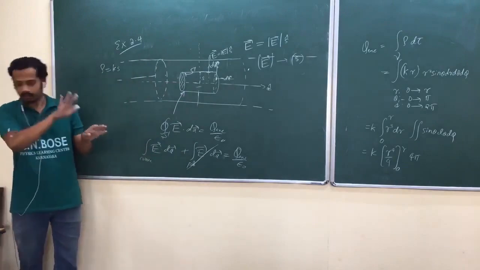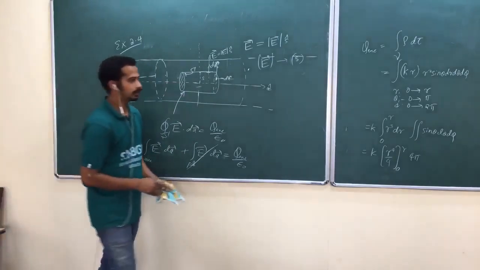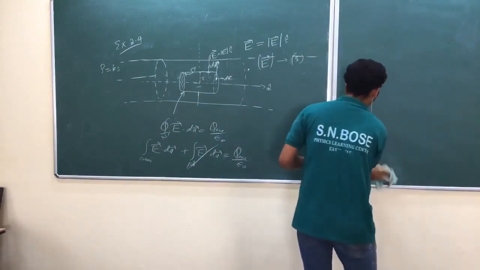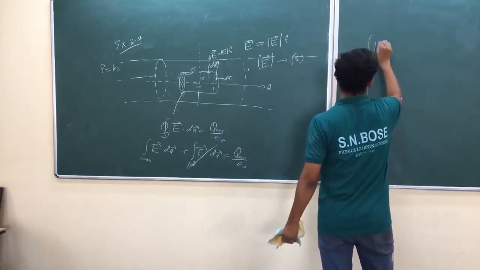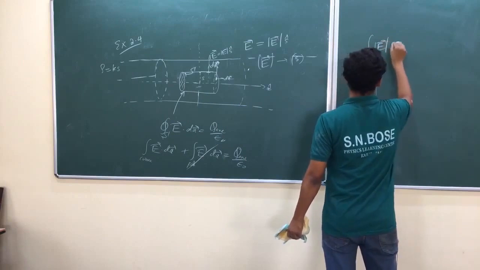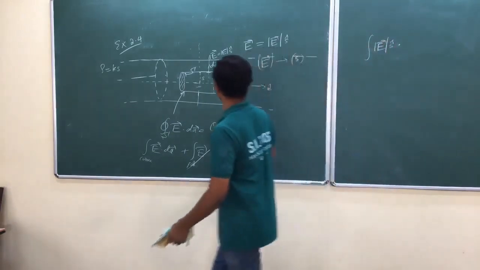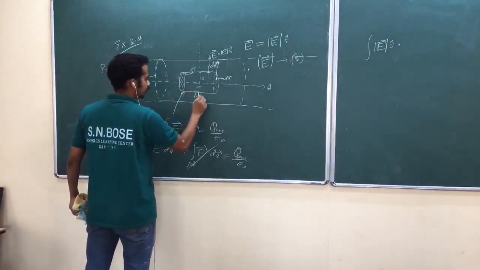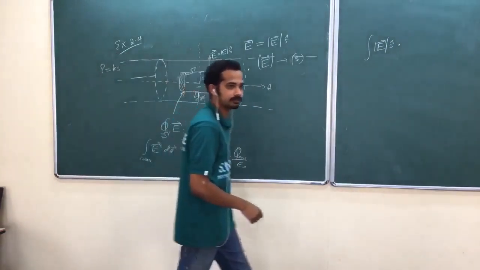Again, while doing that curved surface integral, you can apply all of your coordinate geometry here. Curved surface integral, mod of E into S cap. What is dA vector? Throughout this curved surface, wherever you take it, dA vector is along S cap direction.